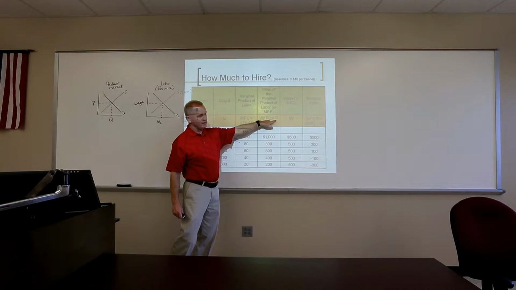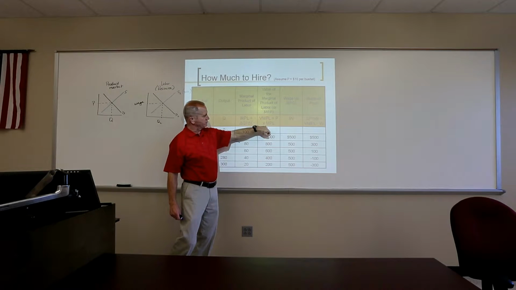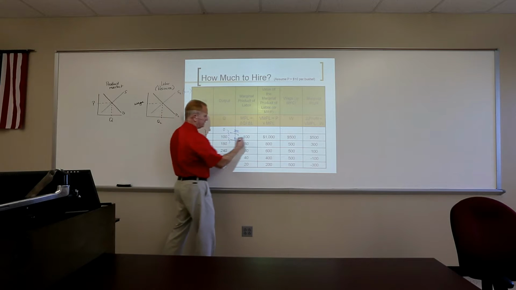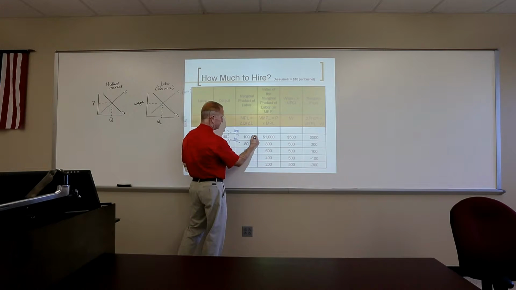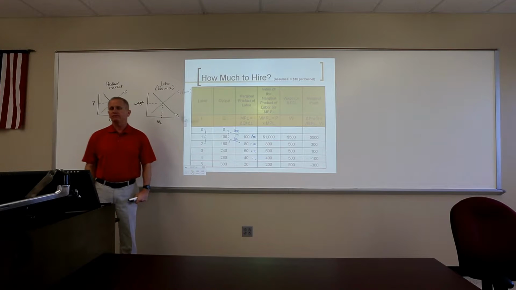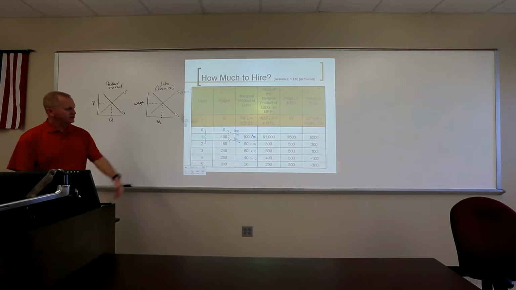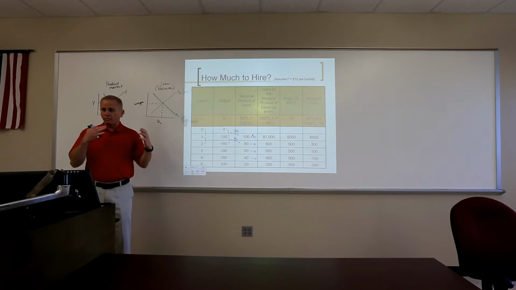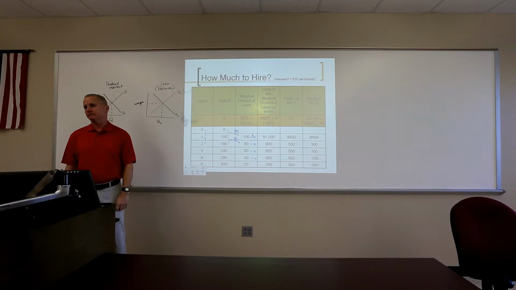You multiply the price per bushel, $10, times this column. So we'll take the price of 10 and multiply it all the way down. How we get the number in that column: it's telling me that, okay, that first person picked 100 bushels. The price per bushel was 10, so it's worth, value, $1,000.